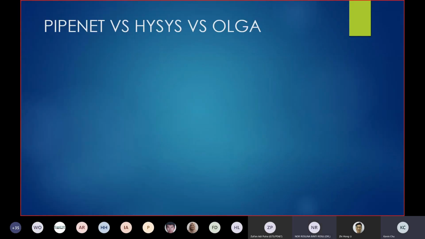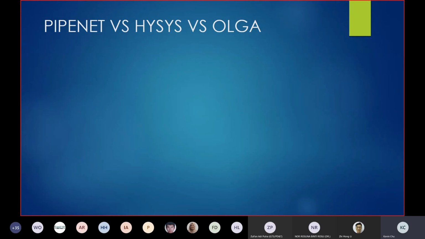So let's look at the comparisons between Pipenet and HYSYS and also Olga. Before that, a brief introduction to Olga for those who are not familiar with it. Olga is a commercial software used mainly for flow assurance, and it is very good for multi-phase hydraulic computation.